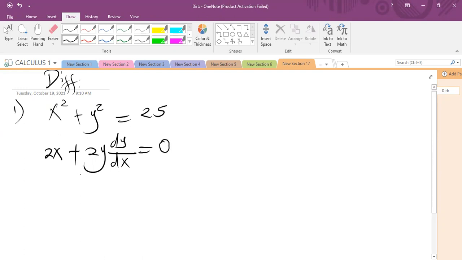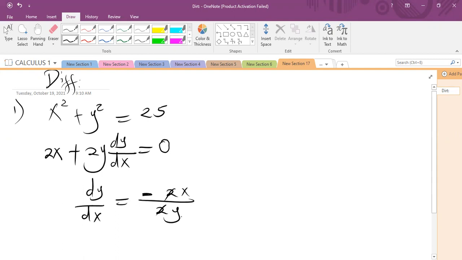So what is your dy dx? Make dy dx the subject of the formula. Dy dx is equal to, bring this to the other side, this will be minus 2x, all this divided by 2y. So that and that, you remain with minus x over y. Okay, so basically that's how you carry out implicit differentiation, guys.